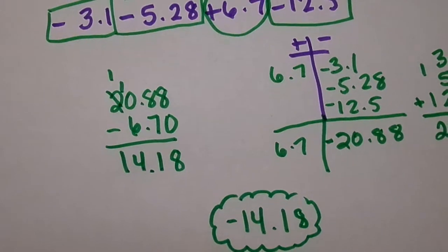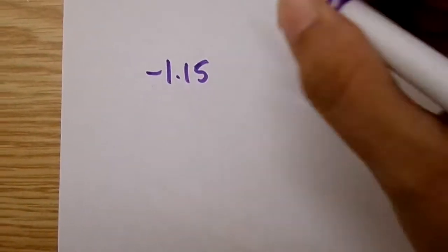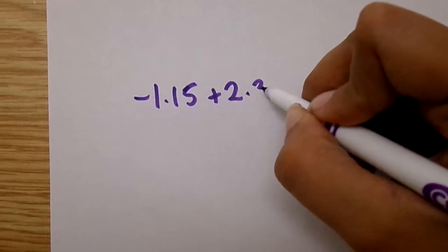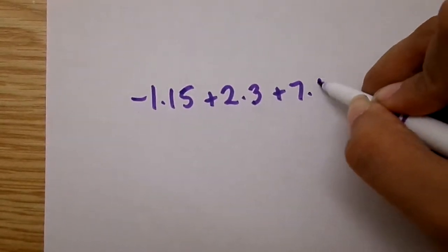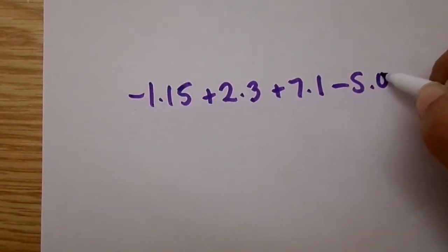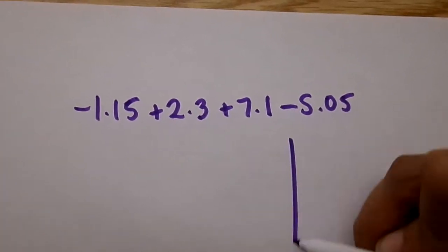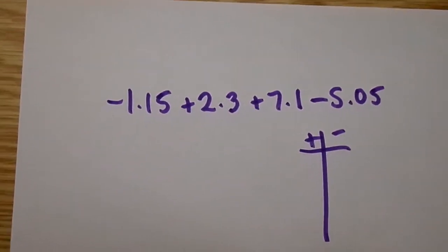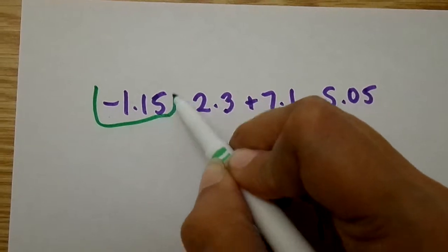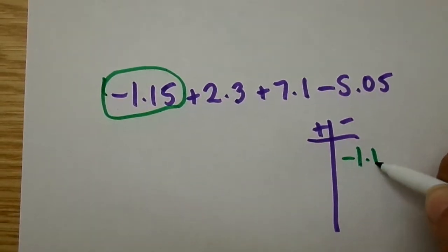Okay, we're going to do one last question, and then I'm going to have some for you to try. So our last question is negative 1 15/100 plus 2 3/10 plus 7 1/10 minus 5 5/100. So we're going to do a term chart, keep track of our signs. So I have a negative 1 15/100.